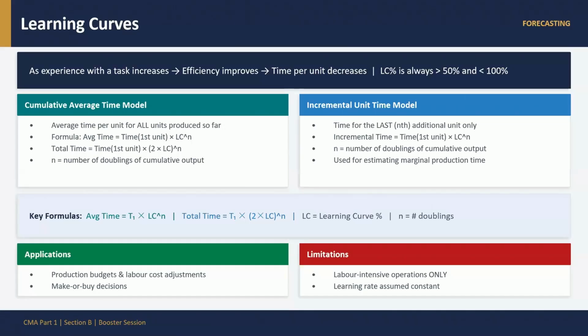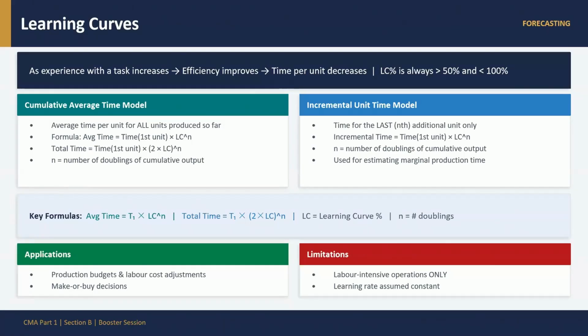In practical application, from 2026 till 2027, learning might have taken place at 80%. Next year, there is no surety that the learning will be 80%. It can be 60%, it can be 70%. But we just assume a constant rate all the time in labor time calculations. That is again one of the limitations.